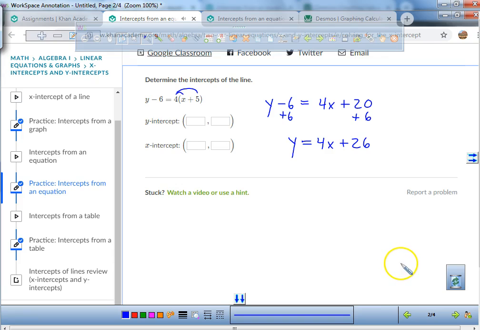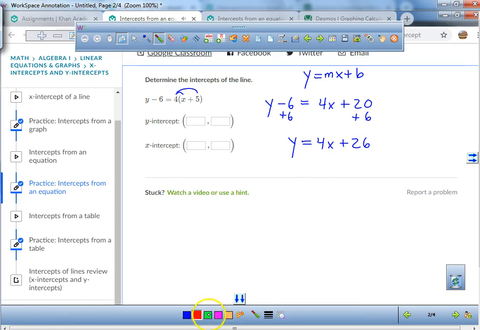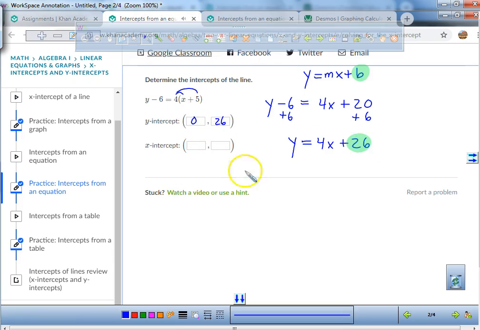So when I get one that looks like this, what do I like to change it to? I like to change it to slope intercept form. If it's in slope intercept form, automatically we know what the y-intercept is. What is our y-intercept equal to in this particular case? 26. So I'm going to write a 0 and a 26.